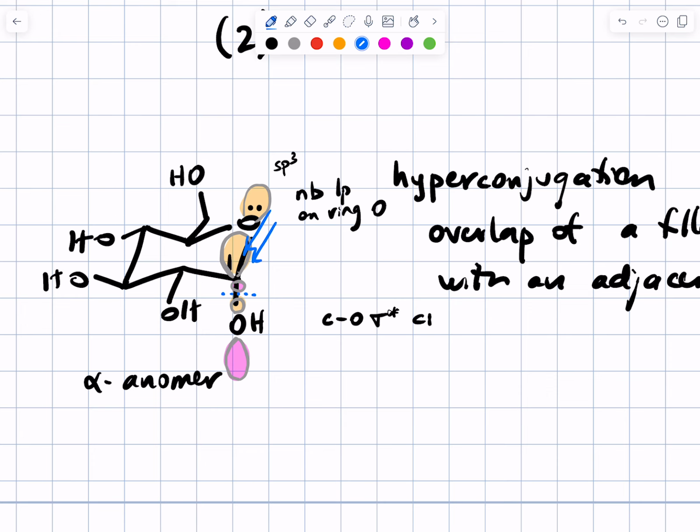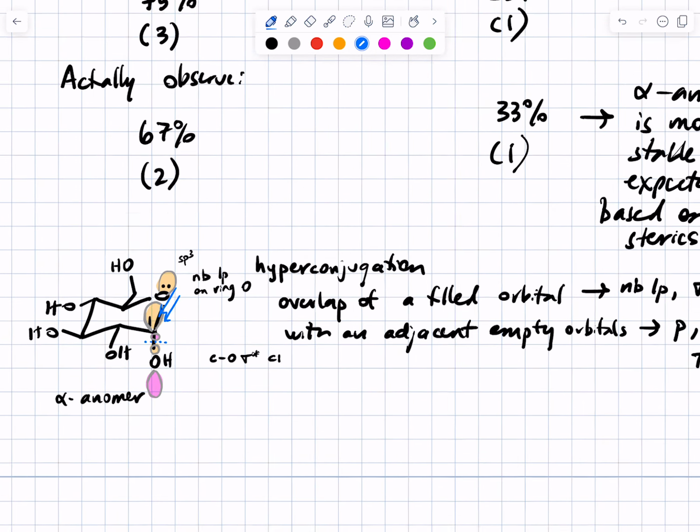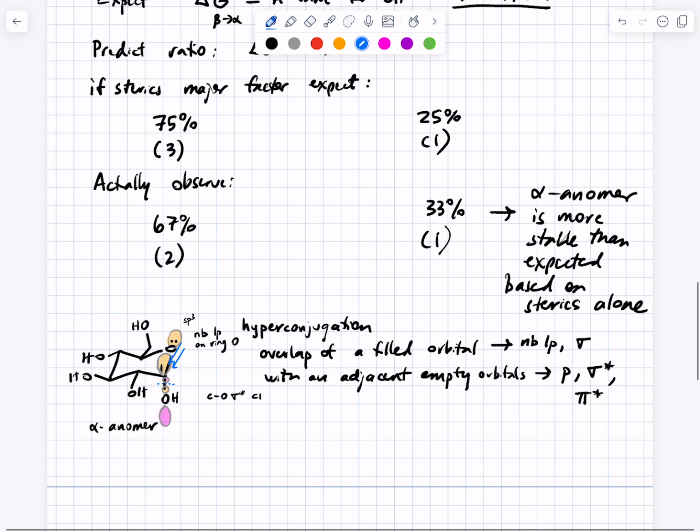That's stabilizing, and it's worth maybe 0.1, 0.2 kcals per mole, enough to change the equilibrium constant. In organic chemistry, we call this observation the anomeric effect, and we sometimes use it to help explain and predict reaction outcomes.